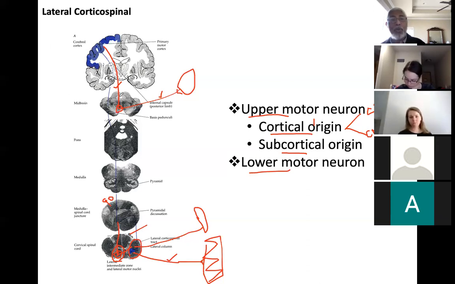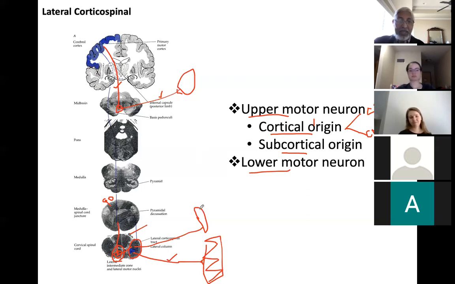Now, corticospinal and corticonuclear, both of them, we call upper motor neuron. And then either from the cranial nerve nucleus or from the spinal cord, the second neuron will begin and go to the muscle. From here to the muscle, we call them lower motor neuron. Are you clear about upper motor neuron and lower motor neuron? Good. That's all I wanted to achieve today, okay?